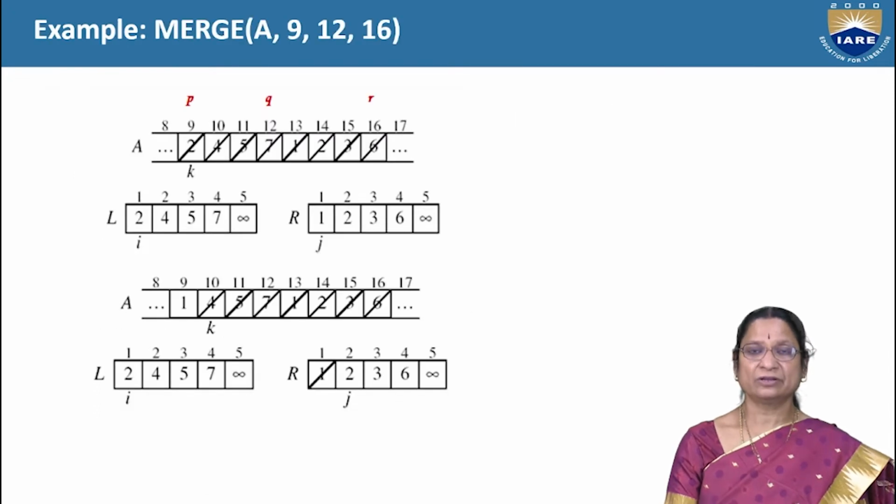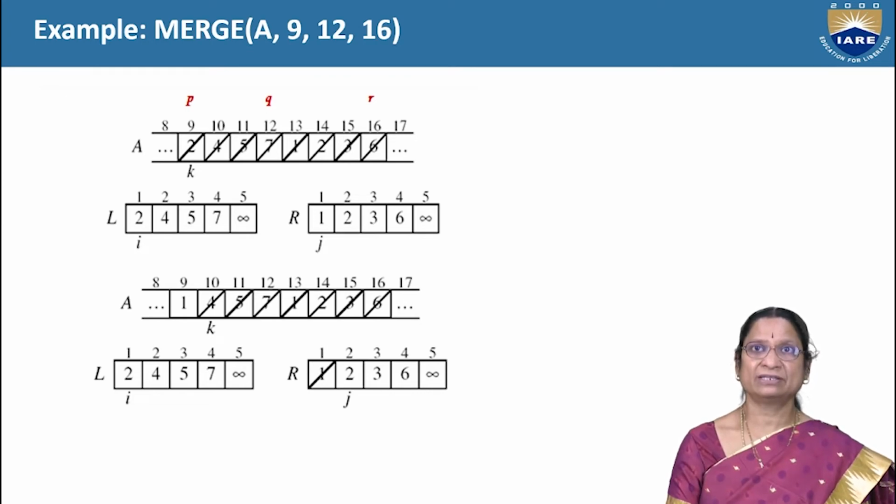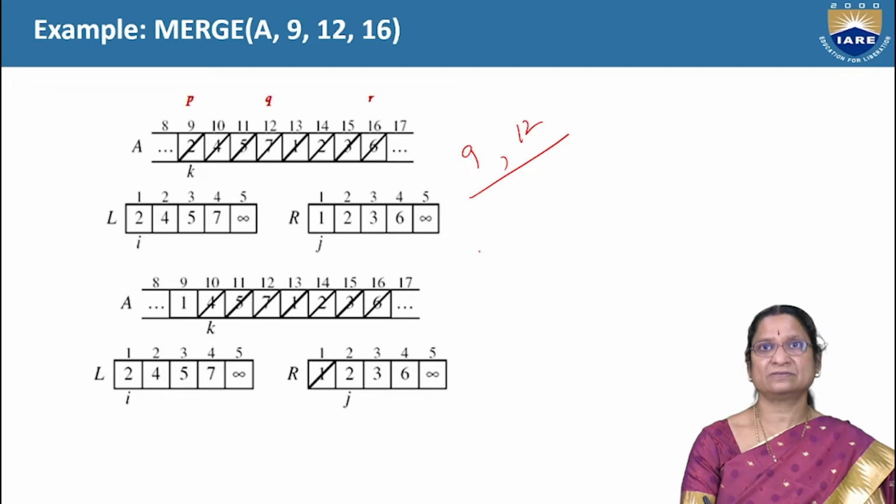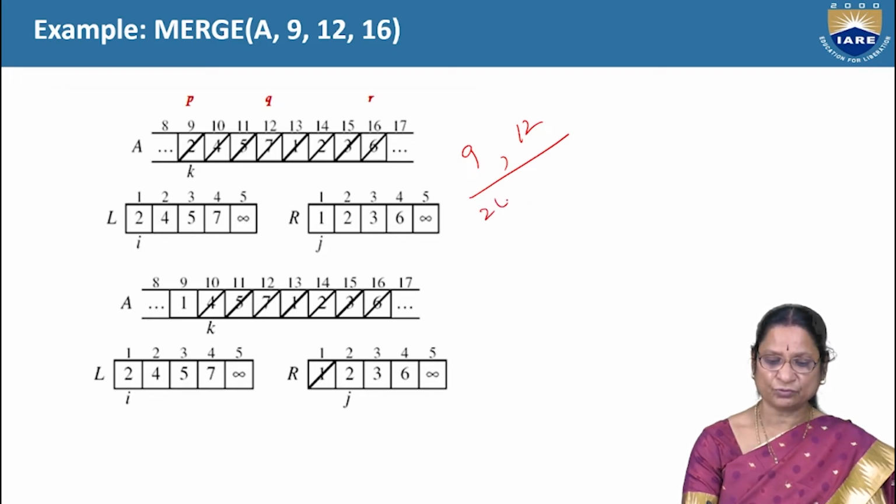So we'll take some pointers and I'll explain P, Q, R. 8 to 17 are there. Let us assume that. So that means our P is 9 and Q is 12. This is for the first sublist, 9 to 12. 9 to 12 means what are the values? 2, 4, 5, 7. And 12 means 13.